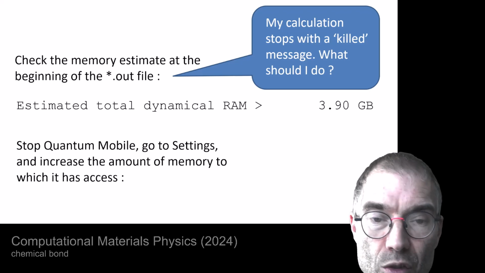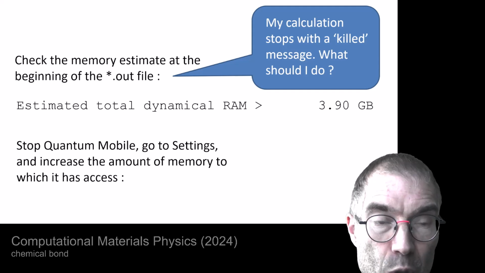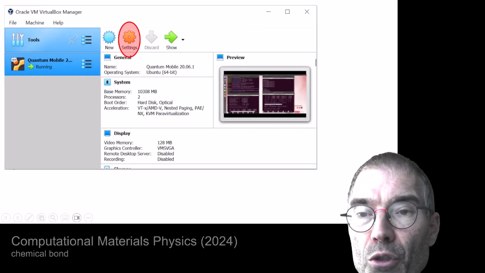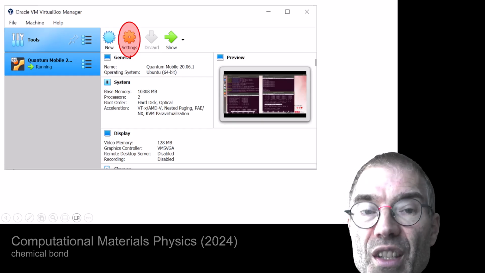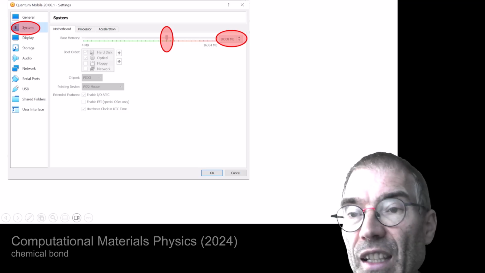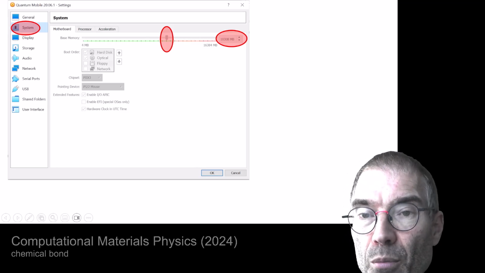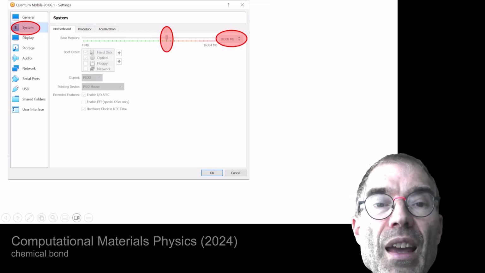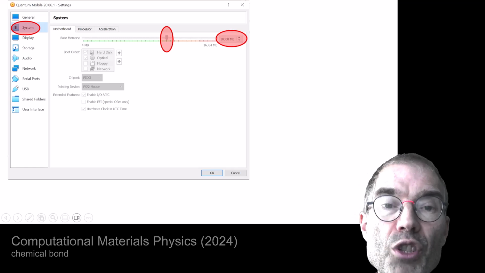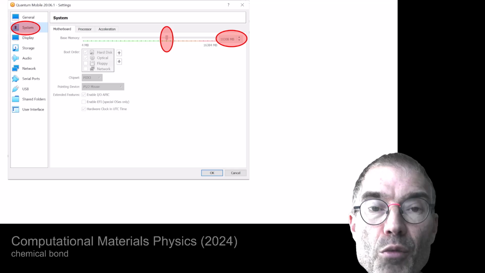Then you can close your Quantum Mobile, but still with VirtualBox running. And in VirtualBox you choose Settings. In the window that then opens, you choose System and the first tab, Motherboard. And there you have a slider by which you can choose the amount of memory that is available for the virtual machine.